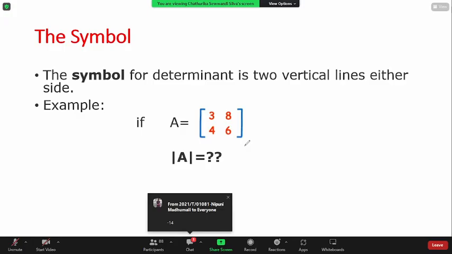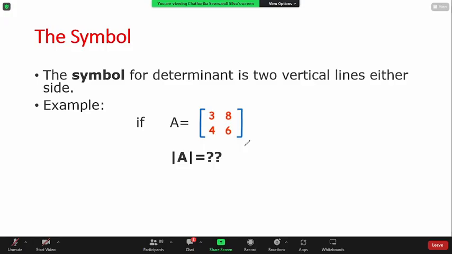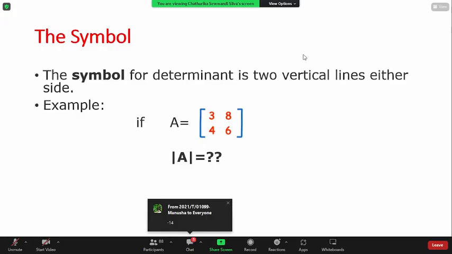Who has said it is minus 14? Minus 14, right? Any other different answers? So how are you going to calculate this one?